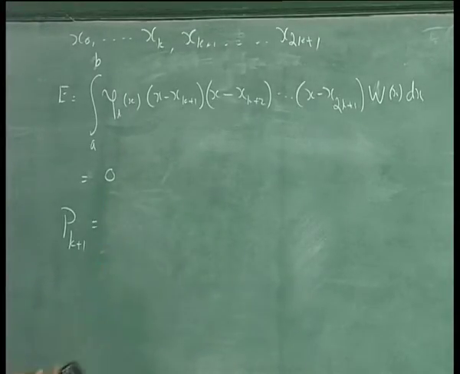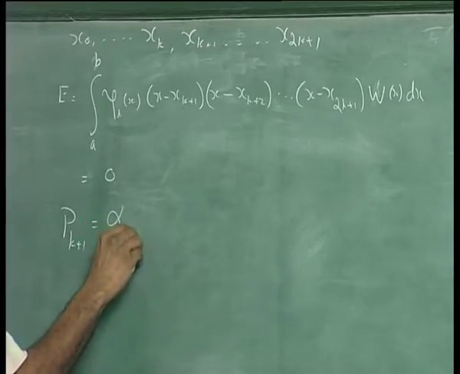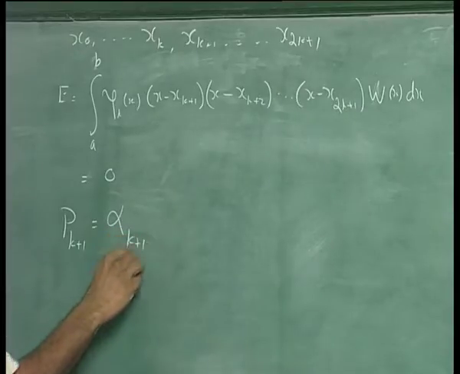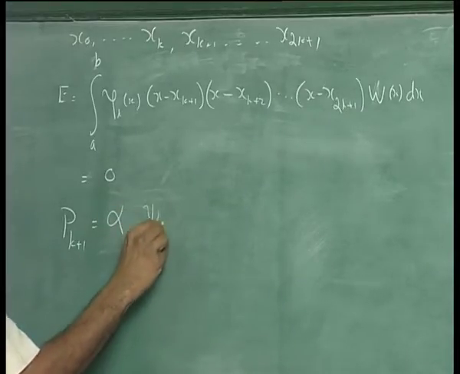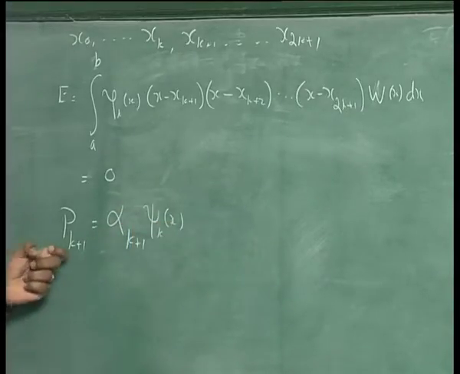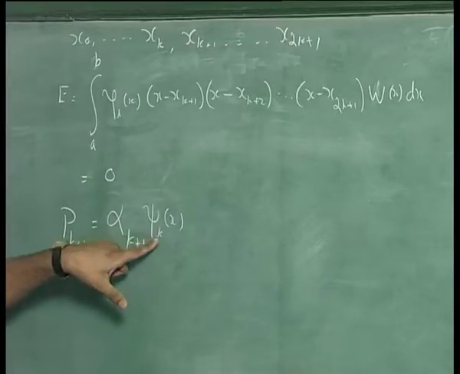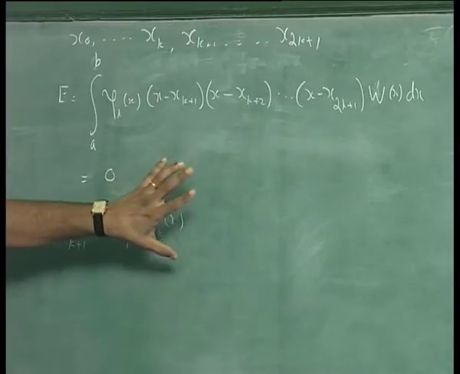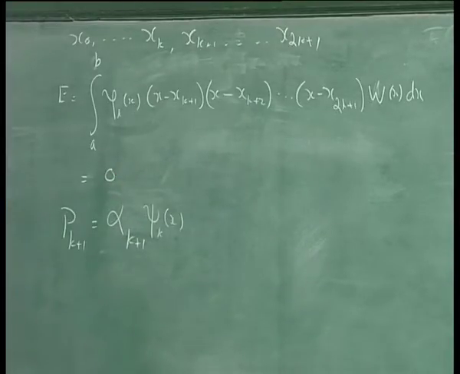So, we choose it as alpha k plus 1. We just construct a polynomial, psi k over alpha k plus 1. Now, this is of the order k plus 1 because this is a product of x minus x0, x minus x1 up to x minus xk, that is k plus 1 terms. So, this is one polynomial p k plus 1 of x.